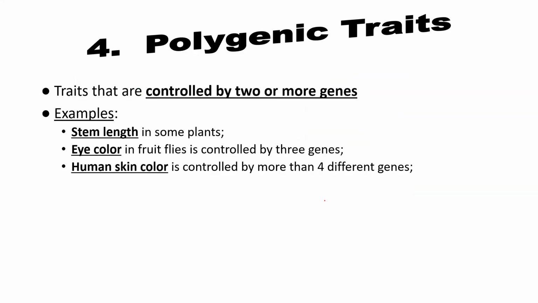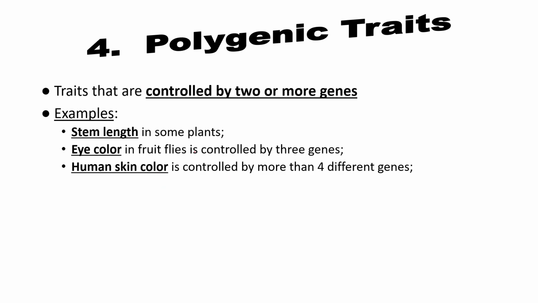So in multiple alleles, of course, you can have more than 2 types of alleles. So as we said before, A, B, O, right? Or the 4 different ones for the rabbit. In polygenic traits, you actually have different genes that are going to be influencing the same trait. And those different genes, of course, can have their own alleles, right?